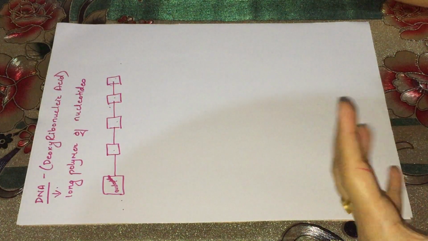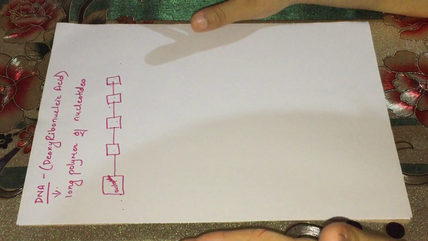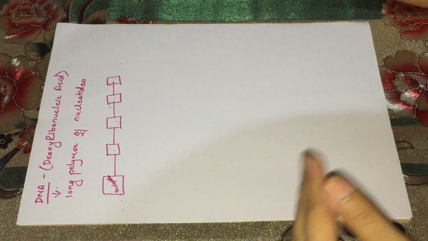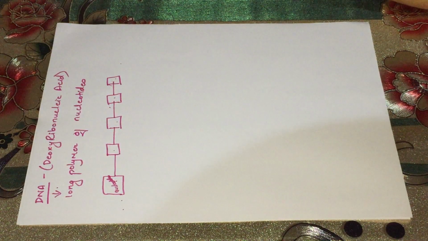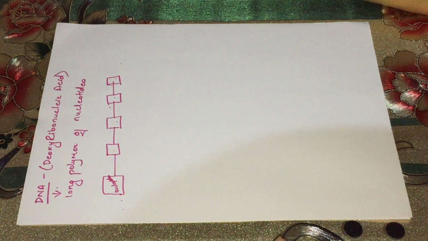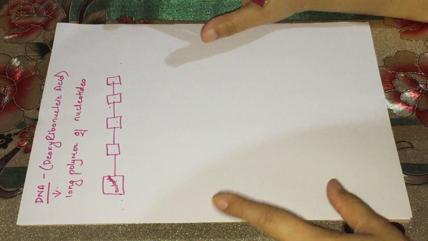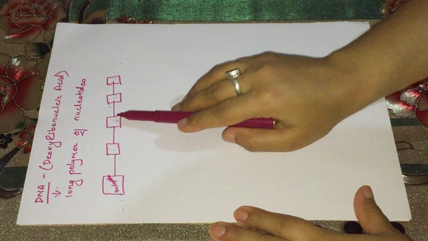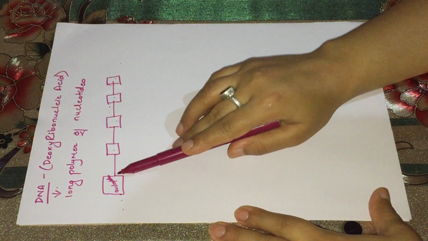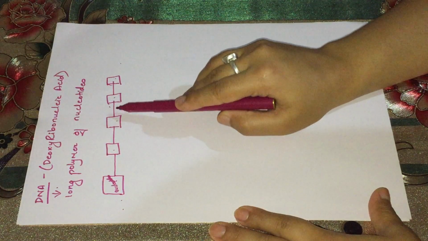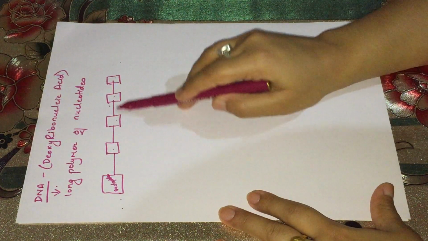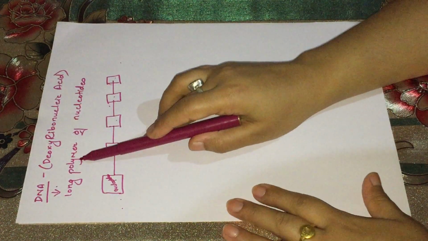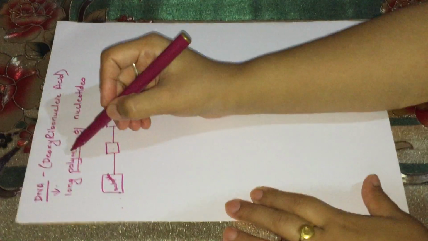We can say that the length of the DNA, of any living organism, including human beings, is defined by the number of nucleotides present in it. How many nucleotides are present in a DNA will determine the length of the DNA, because DNA is a polymer, a long chain of nucleotides.